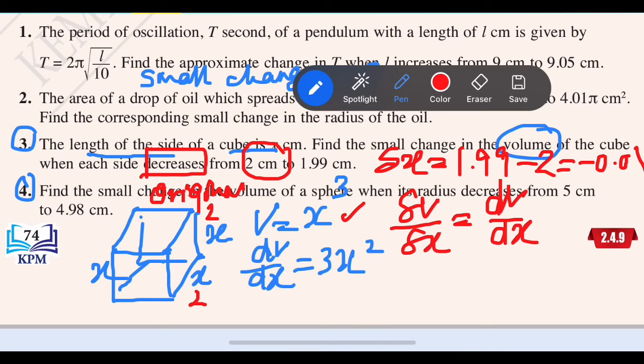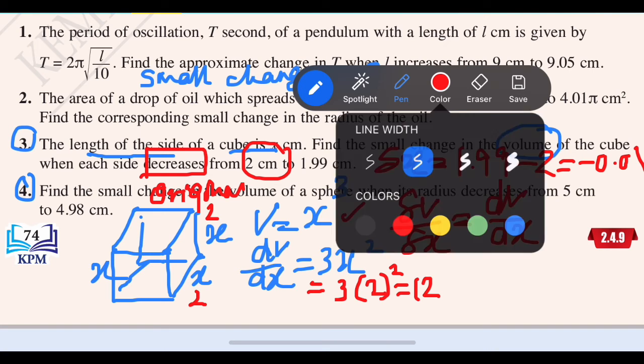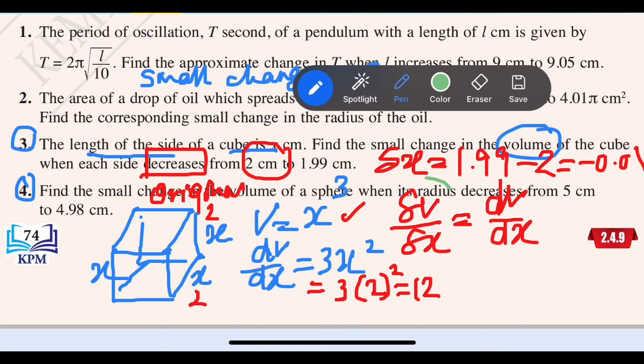So now you need to do dV/dx, which is 3x squared. The value of x you substitute must be from the original value of the side. The original cube comes with a side of 2 centimeter. So when you differentiate the change of V with respect to x, the x must be the original value, which is 2, right?